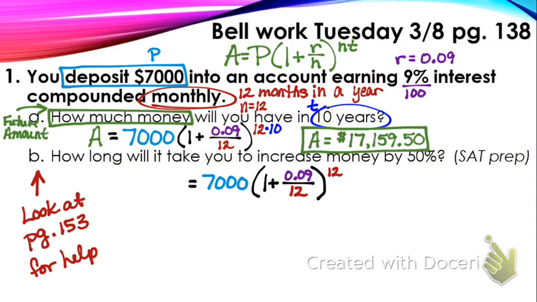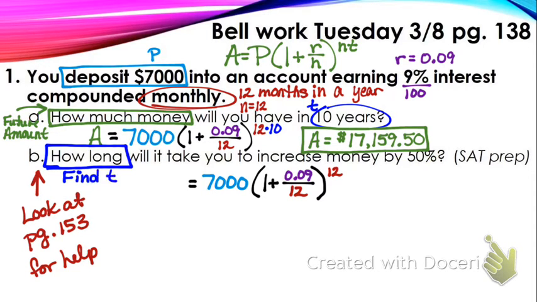What do we want to know in part B? How long will it take to increase your money by 50%? So let's just start with the question words here. How long? If somebody asks you how long, what do they want to know? Time.